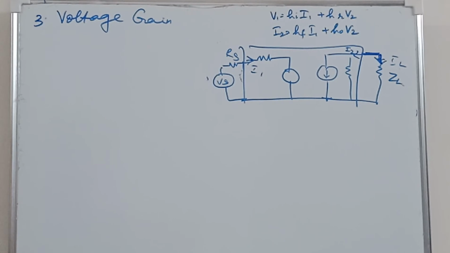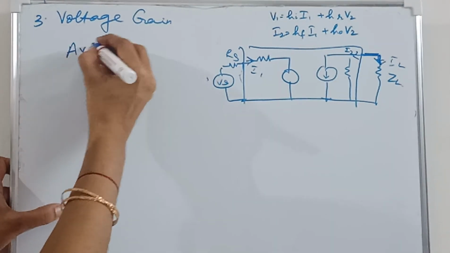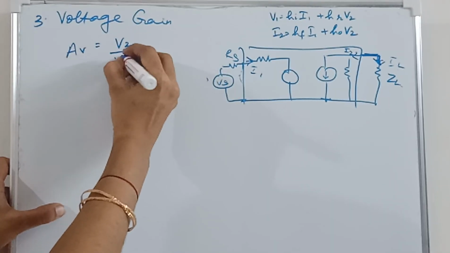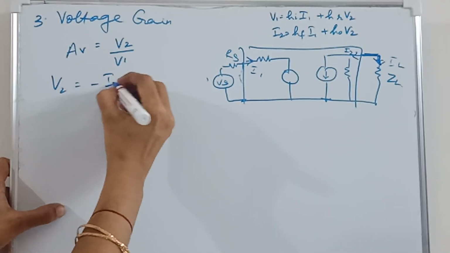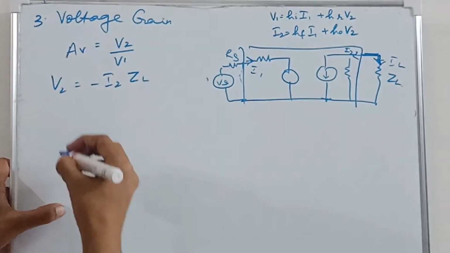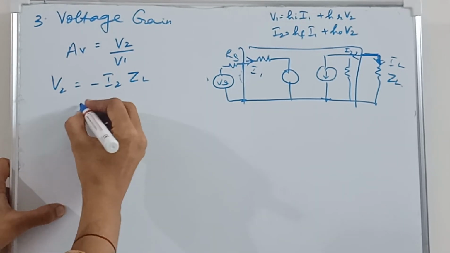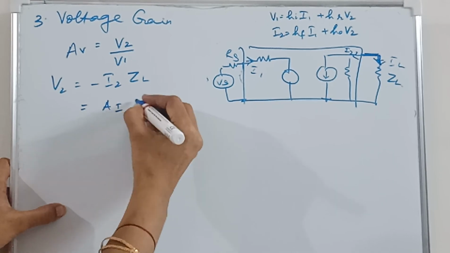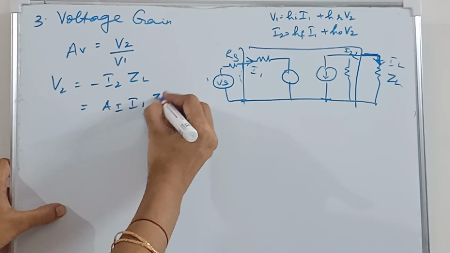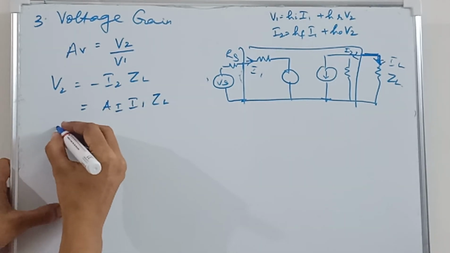The third one is voltage gain. Voltage gain is given by AV, which is nothing but V2 by V1. V2 is minus I2 into ZL. So in terms of current gain, you can also write this as AI into I1 into ZL.